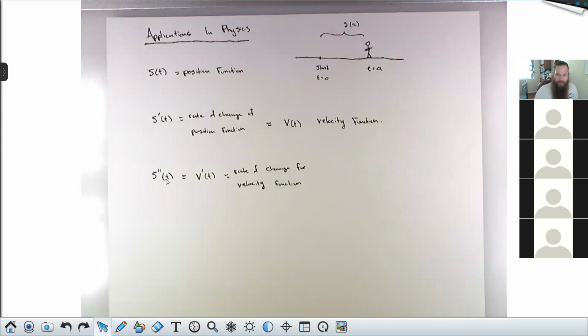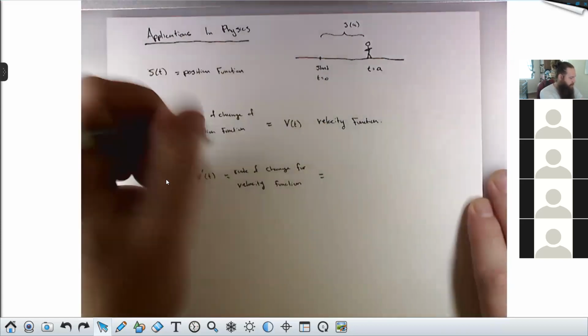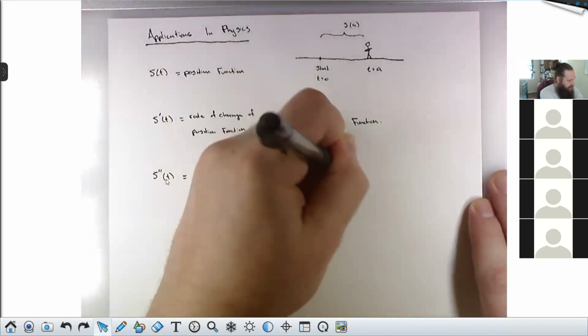I'm gaining 10 miles per hour for every second. In the specific example I just gave you, it depends on the units you want to use. You would say your acceleration is 10 miles per hour per second. But that's your acceleration, and this is called A of t.